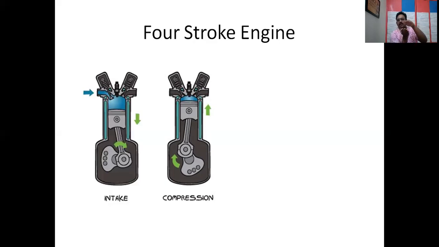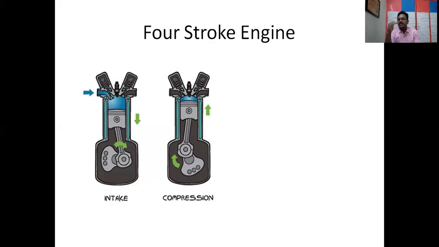In the case of a petrol engine, the fuel-air mixture which was drawn in during the suction stroke will be compressed. In the case of a diesel engine, whatever air was drawn in during the suction stroke will be compressed. Whether it is air or air-fuel mixture inside the cylinder, it will be compressed during this stroke.